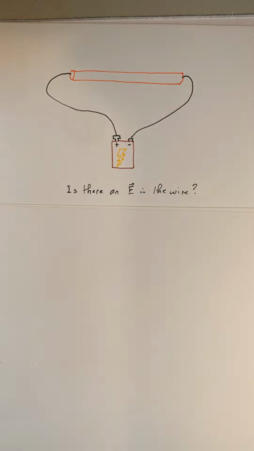So there's a continual input of energy, and it is not a case of electrostatic equilibrium. There will be an electric field inside the wire. So let us answer some other questions.